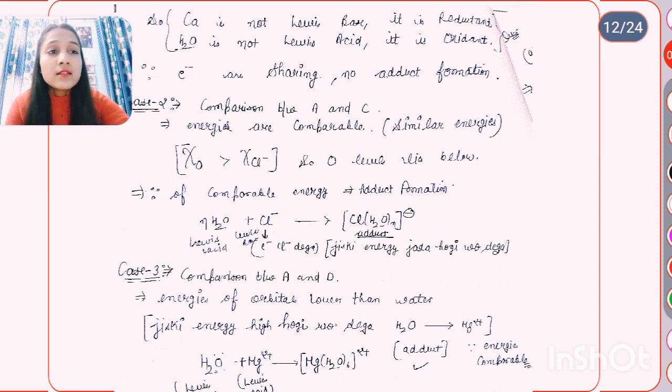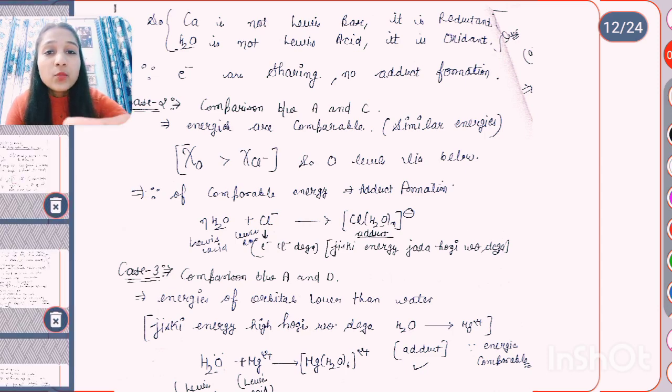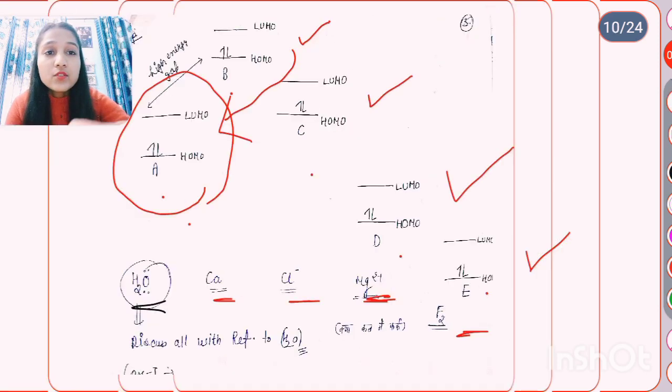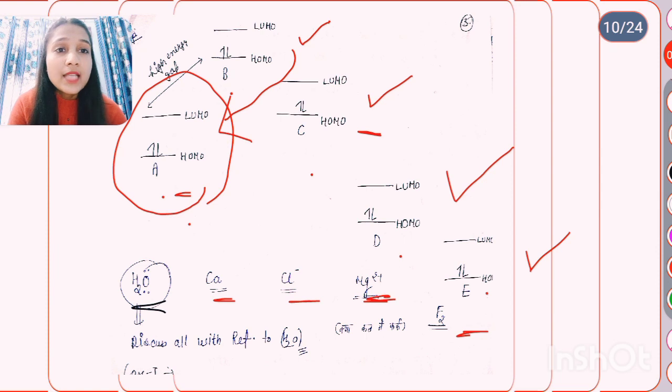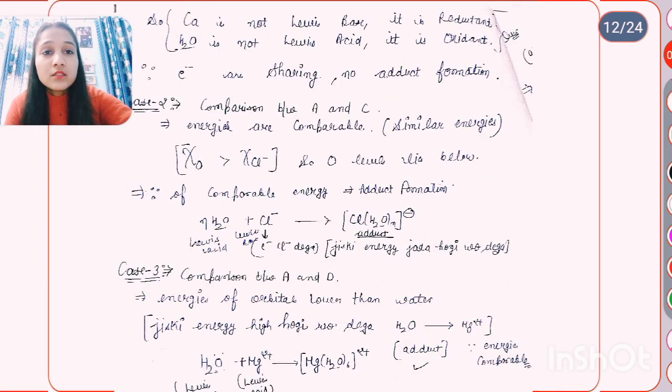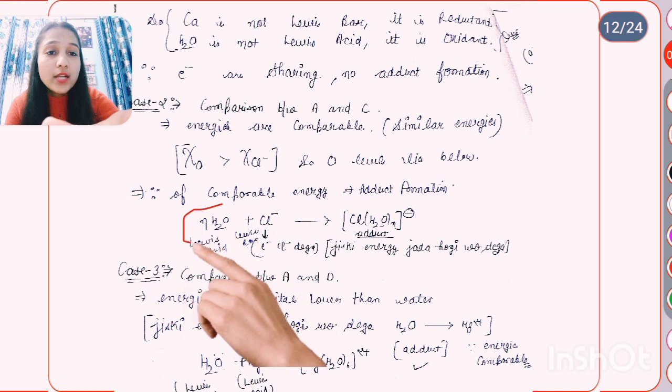Now case second is the comparison between A and C. So we have A as water and C as this Cl negative. You can easily see there is very less energy gap between these two, A and C. So adduct formation is possible here. So just look here, this is H2O and Cl negative.